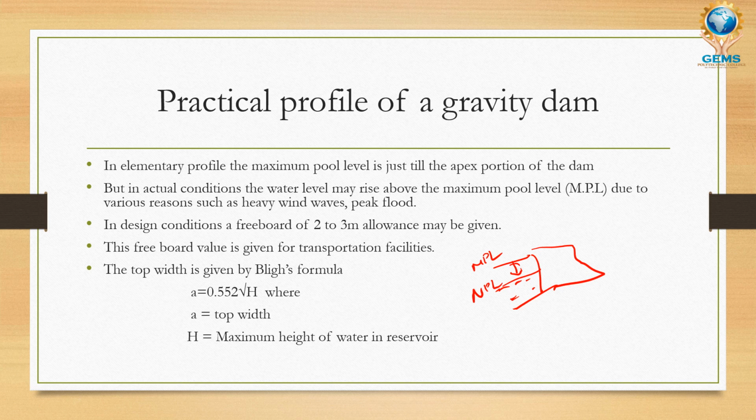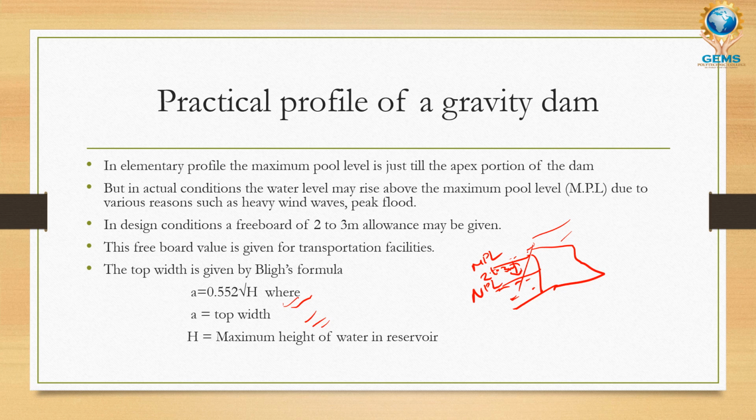This distance is known as freeboard, 2 to 3 meters. This freeboard value will be given for transport facilities too. Suppose you are going to construct a bridge over this dam, then you consider this freeboard, because it is an important design procedure, and you apply this Blaise formula. This is an important formula, kindly make a note of it.